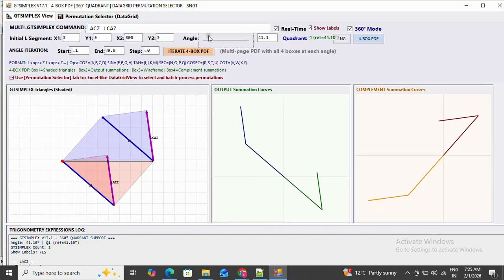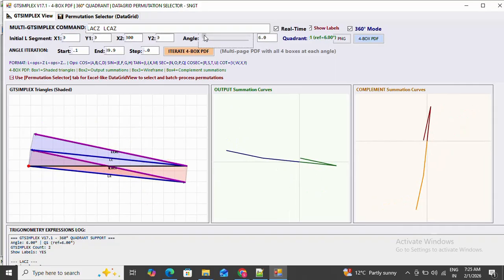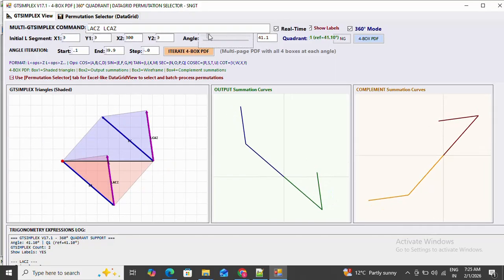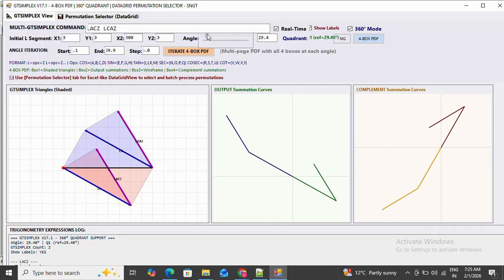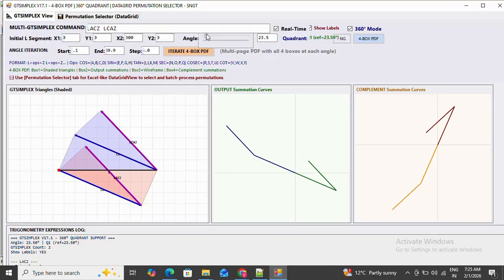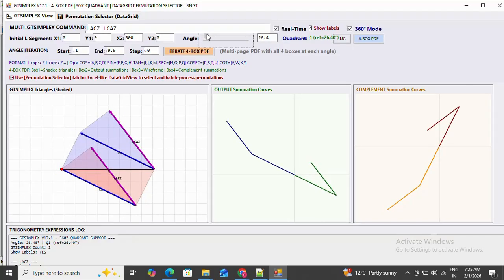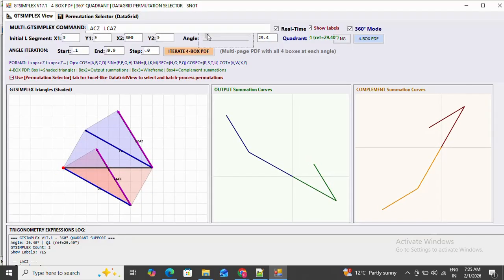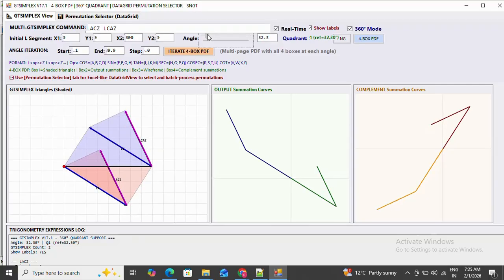When they cut for any angle, when they cut the L, it will cut at the midpoint of the L. LACZ always cuts the original initial line segment L at its midpoint, and this is another theorem from Sanjoy Nath's Geometrifying Trigonometry.